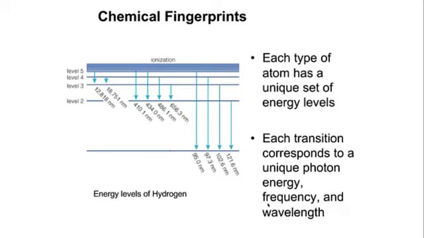And so for hydrogen atoms, there's always the same energy difference between, let's say, the n=1 level and the n=2 level. And so since these correspond to a specific energy, it takes a specific energy of, let's say, light to be absorbed to make an electron move from the n=1 to the n=2 state.